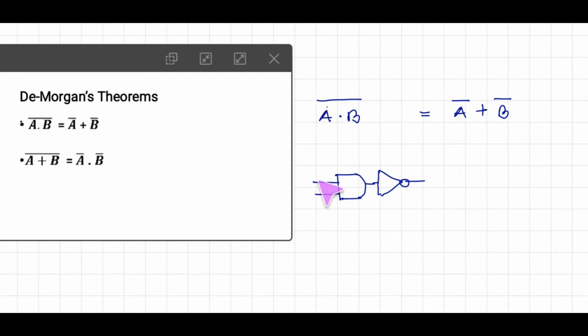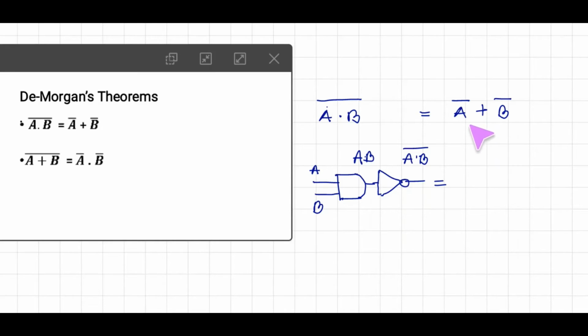This is the AND gate, and here are A, B. Now when A and B are given, the output of the AND gate is A dot B, and the output of the NOT gate is the complement of A dot B.